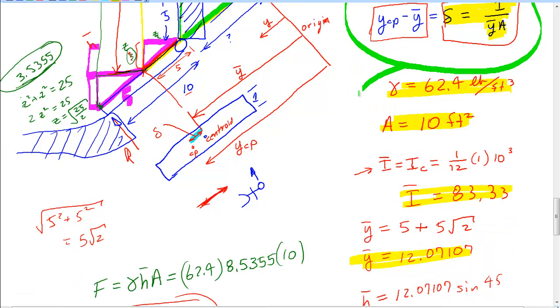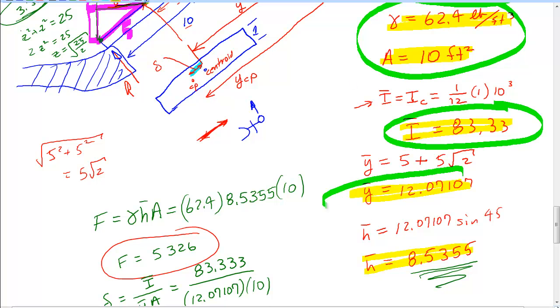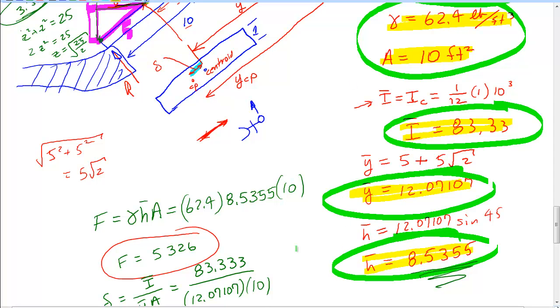And with that, all you've got to do is find 5 variables and understand the geometry that you're dealing with. And with that, I'll call this lecture done.